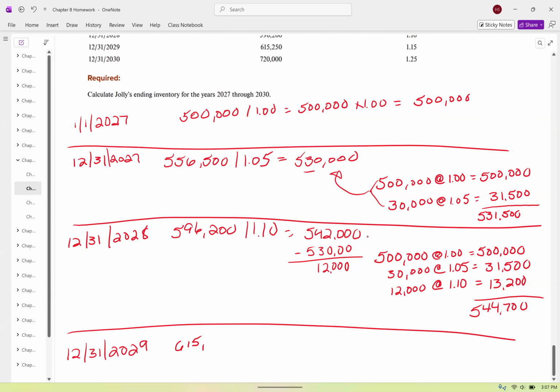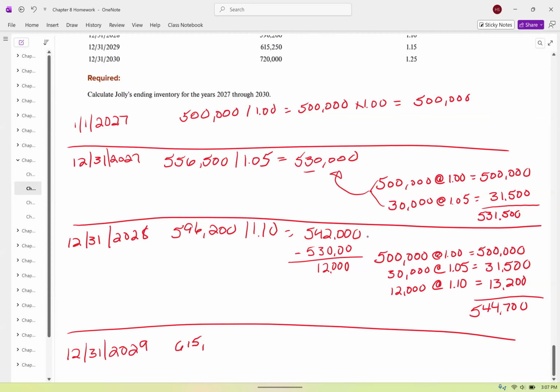All right, so here we go. We've got our 500,000 at 1.0 because that's our base year. 30,000 multiplied at 1.05 gives us our 31,500. Now we've got 530,000, and we only need 535.